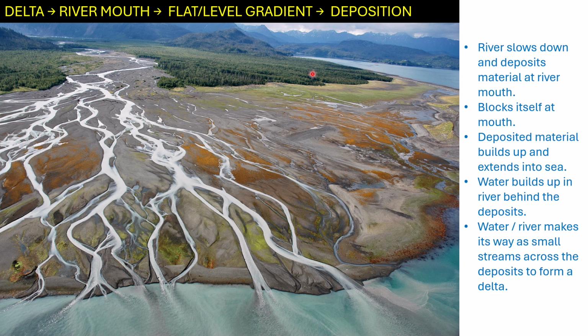However, repeated deposition will cause the river to block itself at the mouth. This deposited material then builds up and starts extending into the sea. However, as the water then builds up behind the river deposits, it eventually makes its way across the deposited material in smaller streams to form what is called a delta.